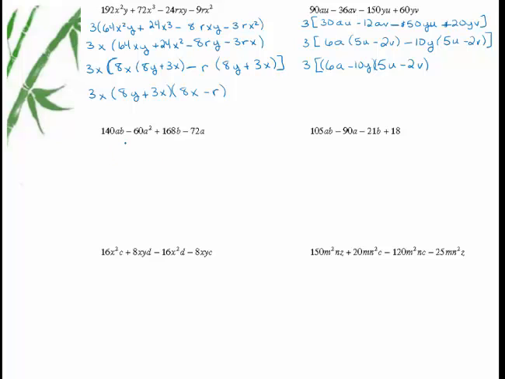Okay, I have 140, 60, 168, and 72. I know they'll all divide by 2 just from looking at them. So I'm just going to go ahead and start with a 2 and see what happens. Okay. Oh, they're still even.